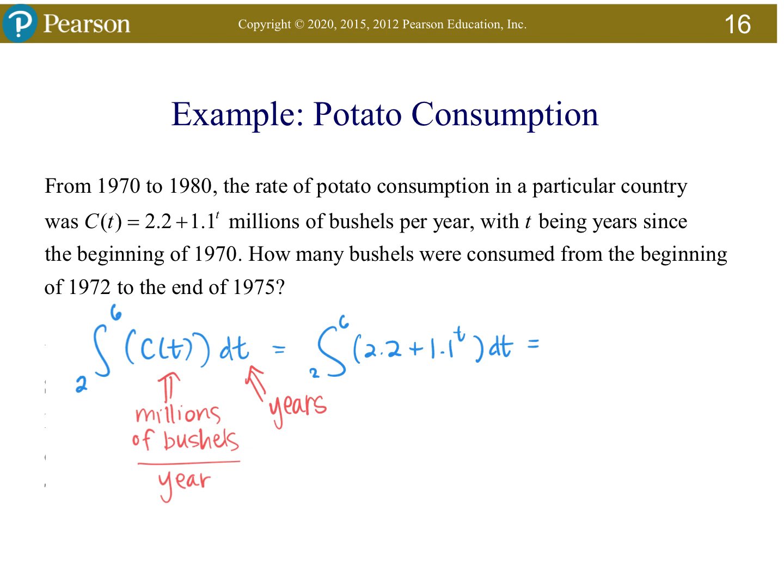So you'll likely have your calculator here going from 2 to 6. And that turns out to be 93.892, which is not just the number of bushels, but the number of millions of bushels.